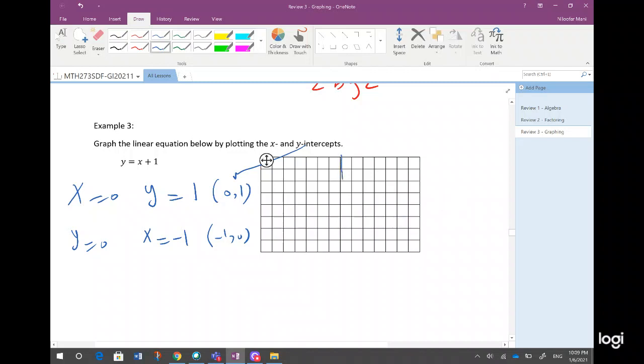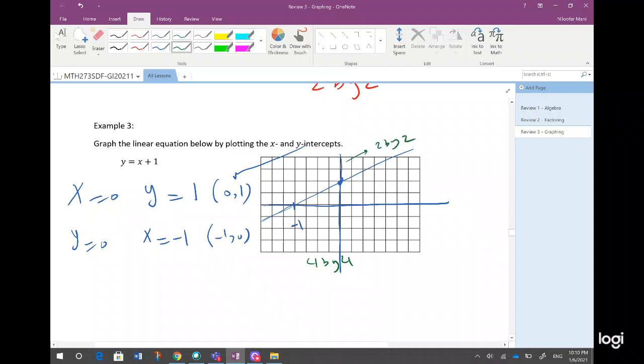Minus 1 and 0 is here, and 0 and 1 is here. For example, I go 4 by 4, this is minus 1. Then I connect them. On this axis I go 4 by 4, and on this one I go 2 by 2.